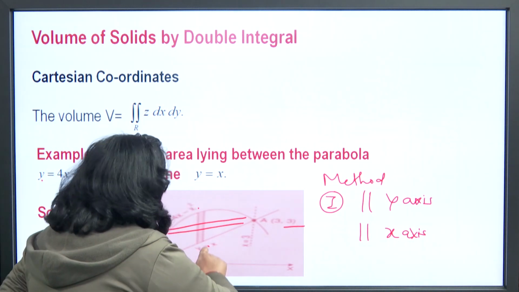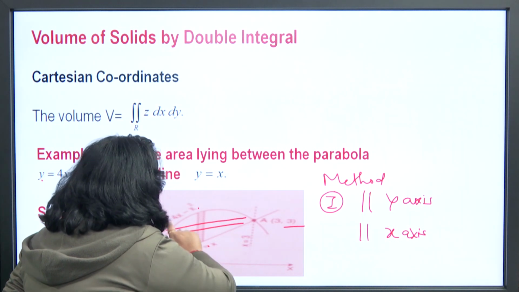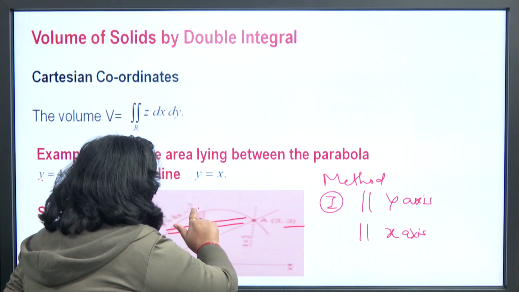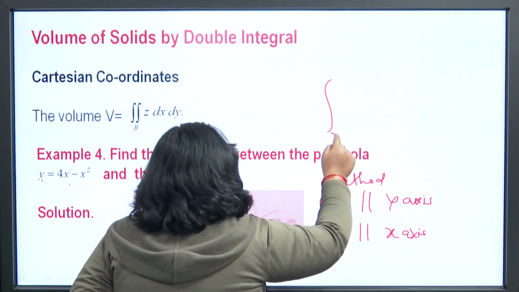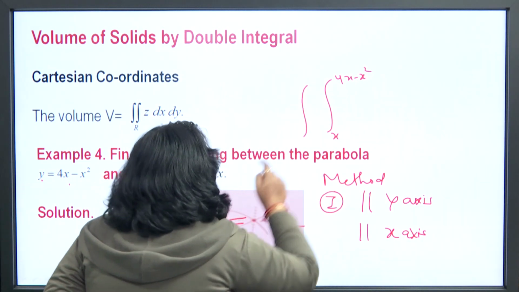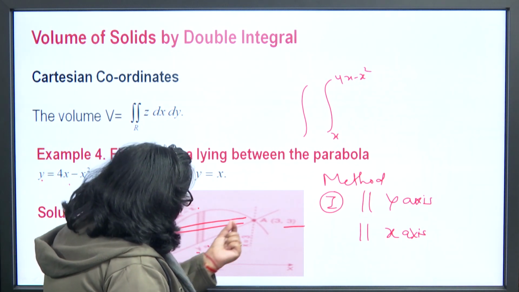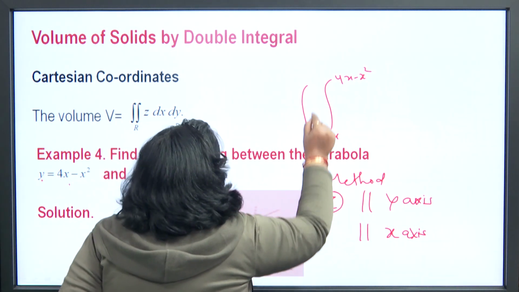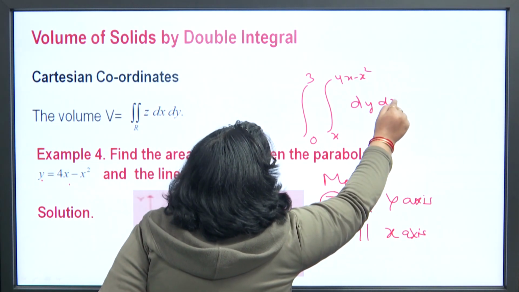We find the limits in the function of x. So y is equal to x and y is equal to 4x minus x square. So the limit for y is x to 4x minus x square, and the limit for x is 0 to 3, as we can see from the intersection points, and this is dy dx.